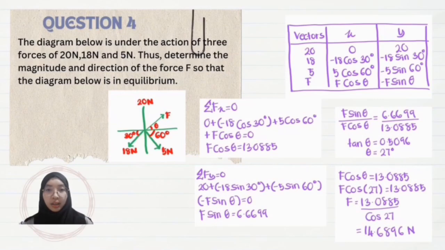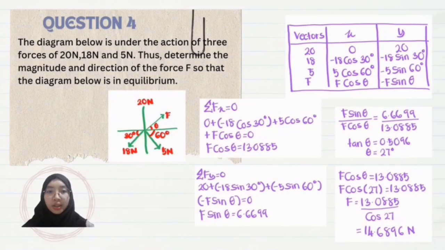Question 4. The diagram below is under the action of three forces of 20 Newton, 18 Newton and 5 Newton. Determine the magnitude and direction of the force F so that the diagram below is in equilibrium. So, the solution for this question is, first, create the table of vectors X and Y like the table in the slide. After that, sum of Fx equal to 0, 0 plus negative 18 cos 30 plus 5 cos 60 plus F cos theta equal to 0.